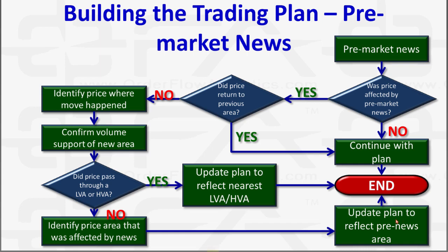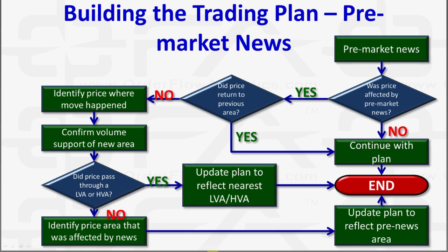So this is a workflow that I have, and that I've accustomed myself to going through. I don't need to have it in front of me, but I use this now on a regular basis with news, even if it's news after the market is open.